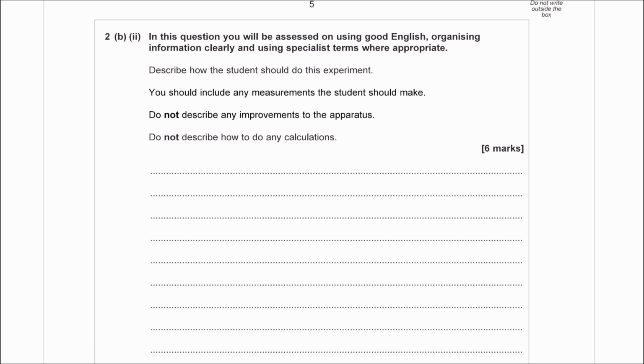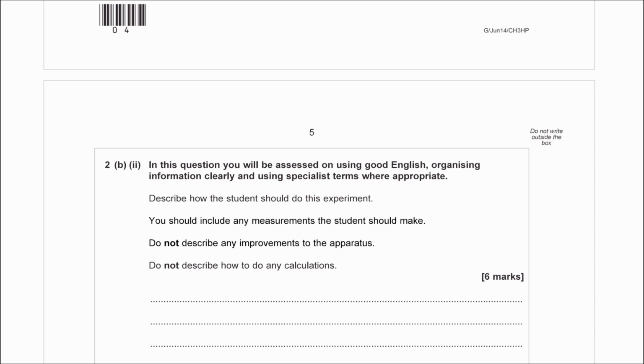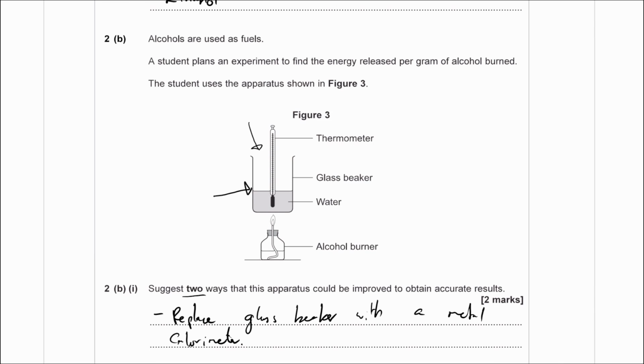Alright, so I'm going to go back up to the apparatus quickly, just so I can describe what we're going to do with the diagram there. So let me rub out these arrows. What we're going to do is burn alcohol, and obviously we are going to see how much this raises the temperature of the water. Now, what's important is we need the mass of water.